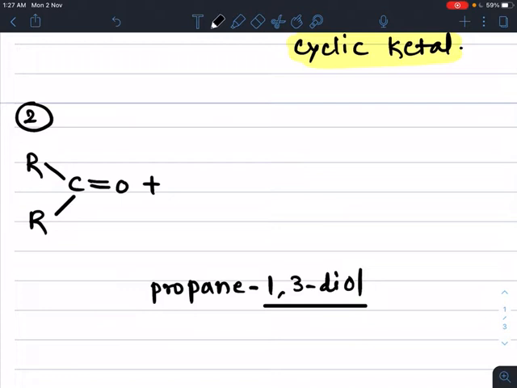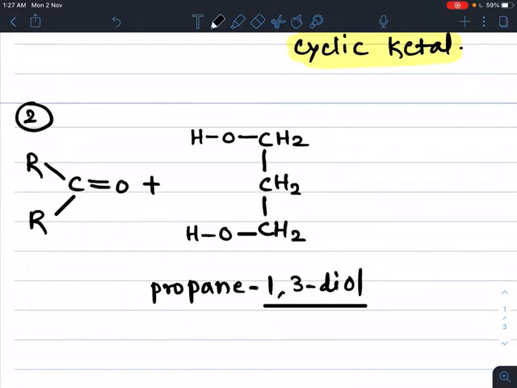See, it is a 3 carbon alkane derivative, and to the first carbon atom an OH group is attached, and to the third carbon atom the other OH group is attached, with the remaining valency completed by hydrogen. So we get its formula, which is nothing but propane 1,3 diol.